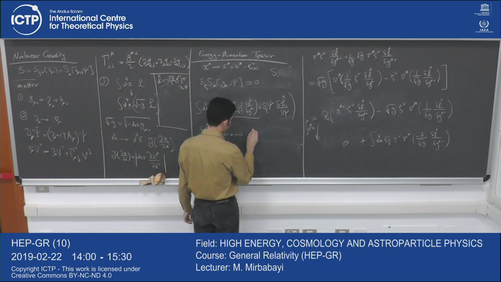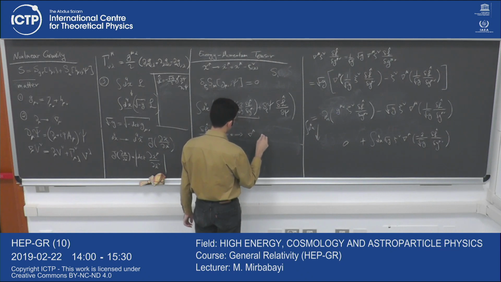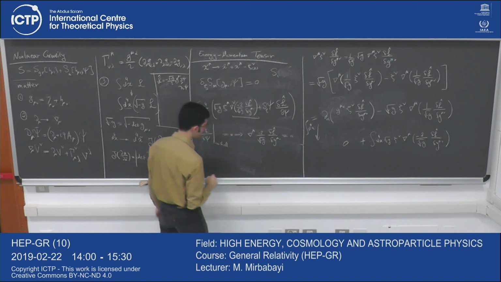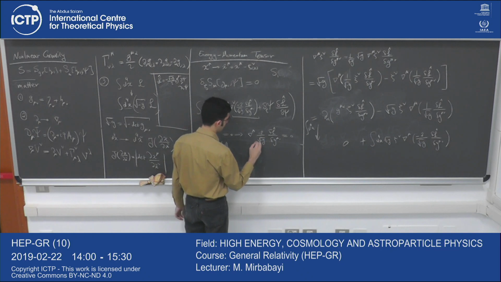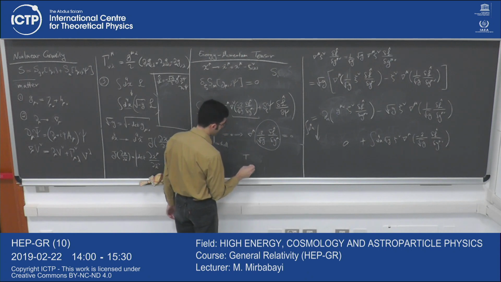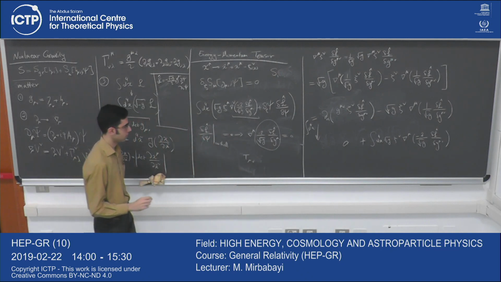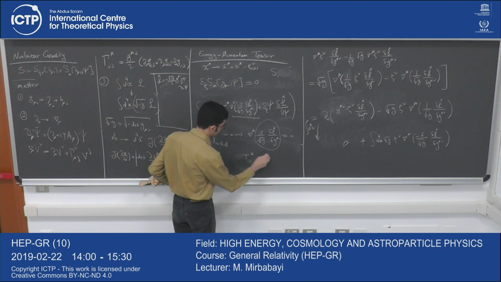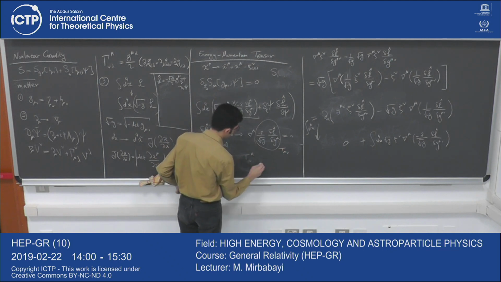So we learned that nabla mu of minus 2 over square root of minus g dL hat dg mu nu is equal to 0. Now this is the object that I'm going to call the covariantly conserved stress energy tensor. If you like, I can lower the indices using the metric. So this is something that we call T mu nu.